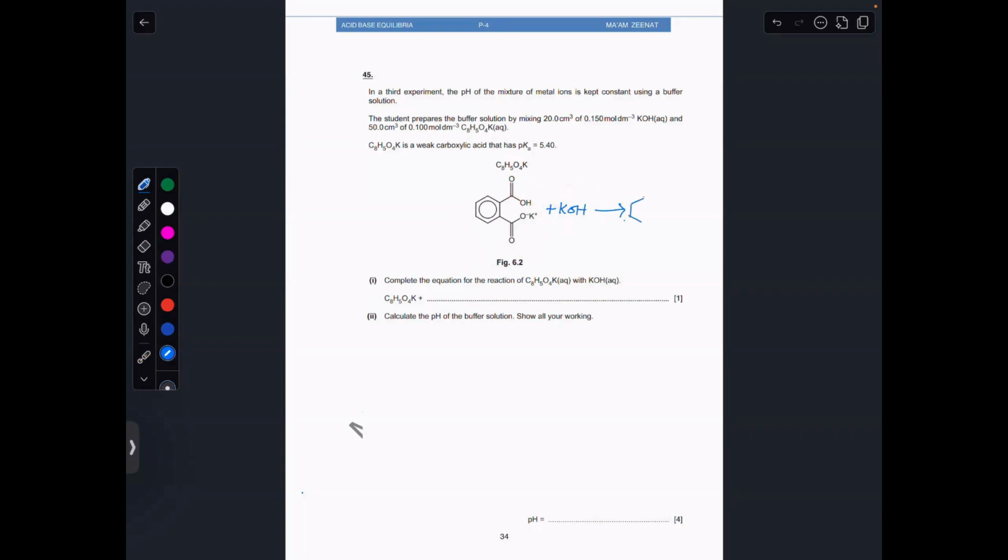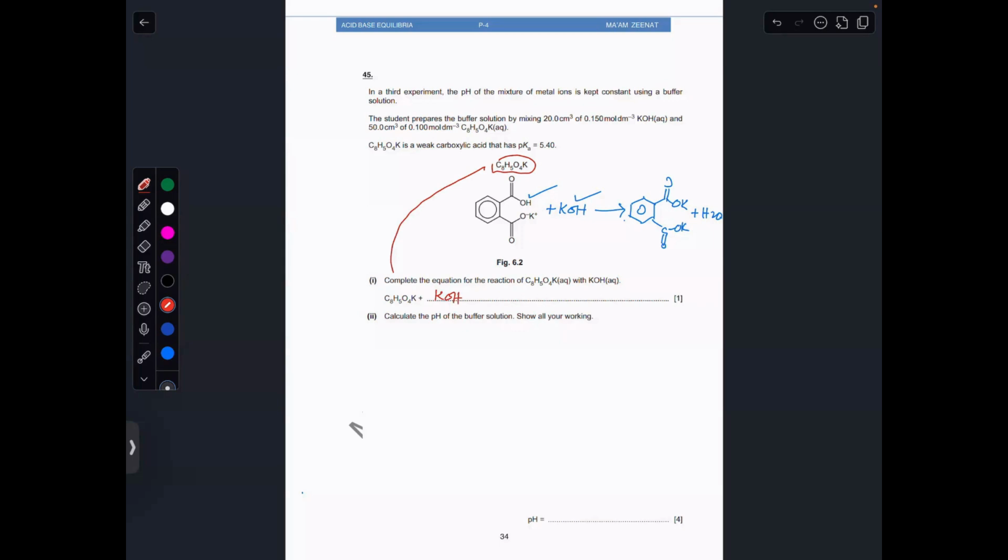Exactly the same. So the H is removed, the OH making water. Can we make this reaction this way? They are saying that this is the formula. So if this is the formula, it's going to react with KOH.